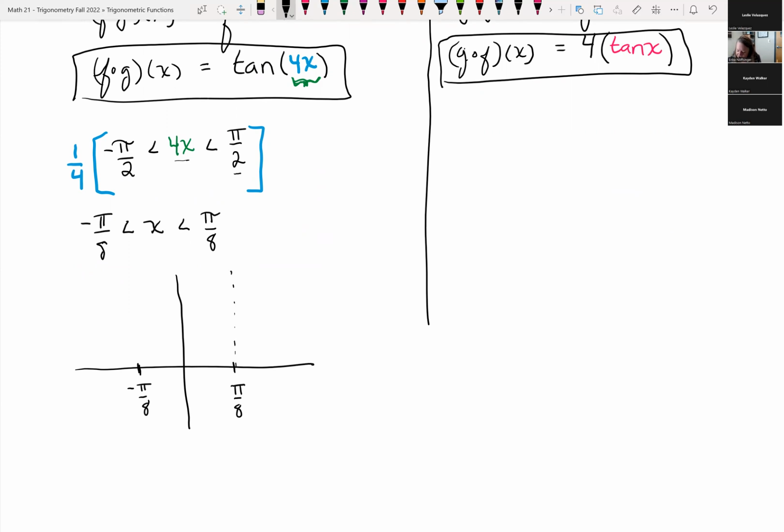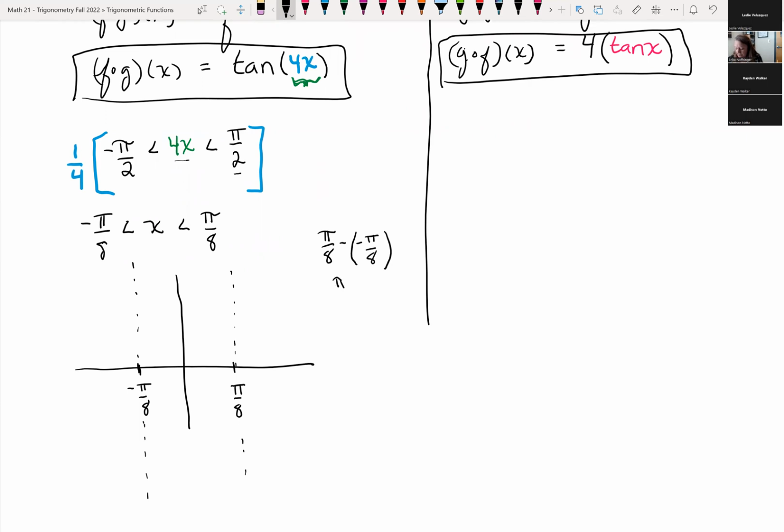So if it wants me to graph more than one period, we would want to figure out what this length is. That length between negative pi eighths and pi eighths. Well, a length we can find by the bigger value, pi eighths in our case, minus the smaller value, negative pi eighths.